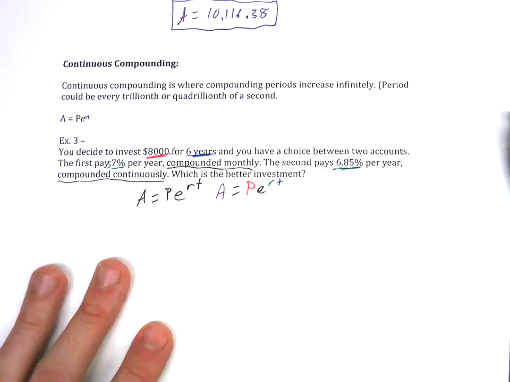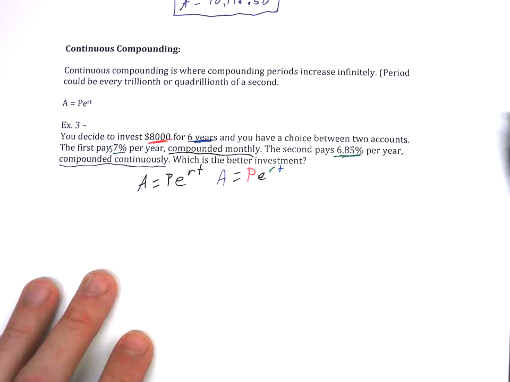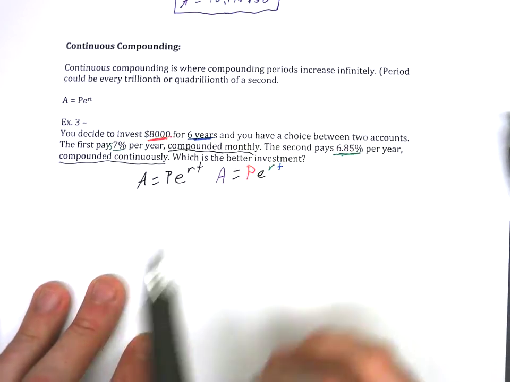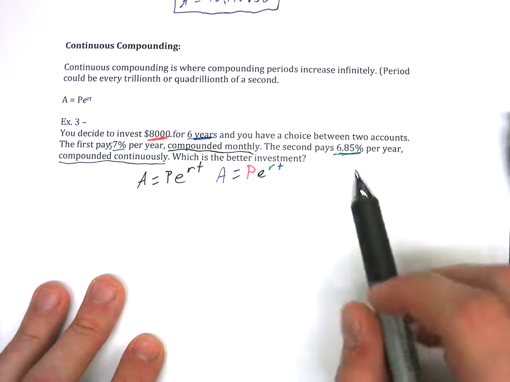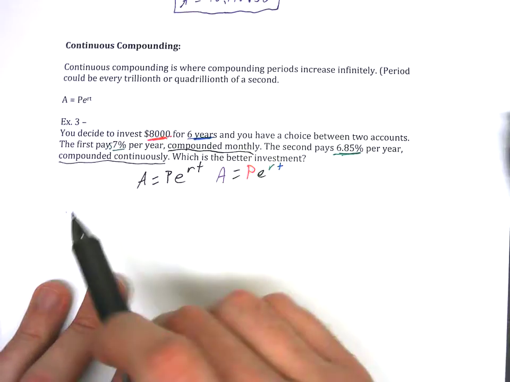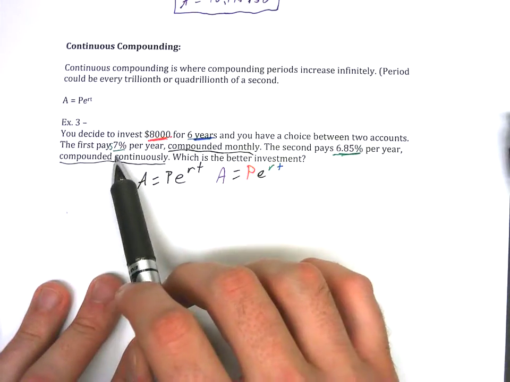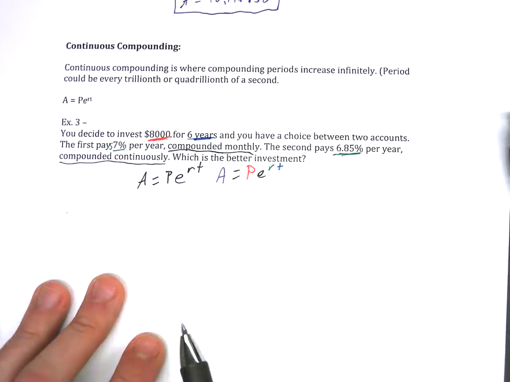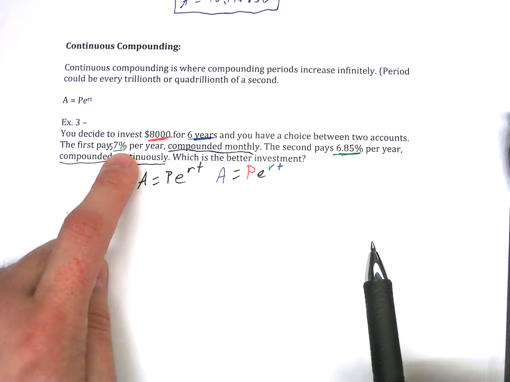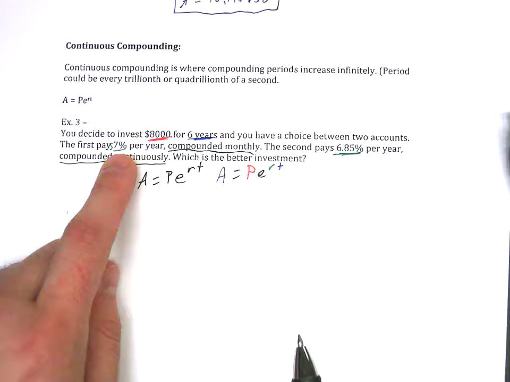So we actually have two options that we're choosing from here, and we need to tell which is the best. One of these is going to use our A equals Pe^(rt), which is at 6.85% per year compounded continuously. And then the first one that we need to deal with is 7% per year compounded monthly. Now note the rate is a decent amount higher on the first one, the 7% versus the 6.85%.